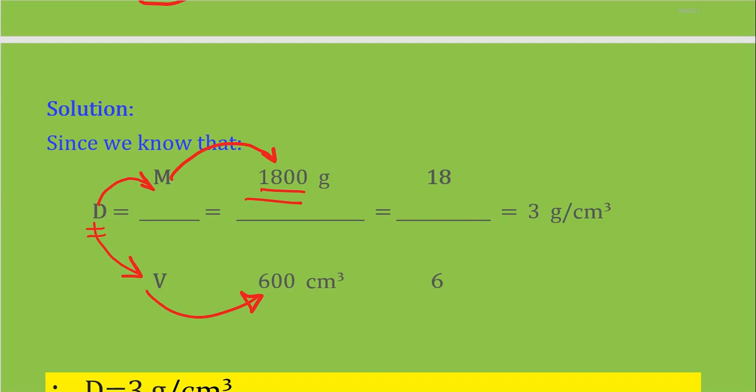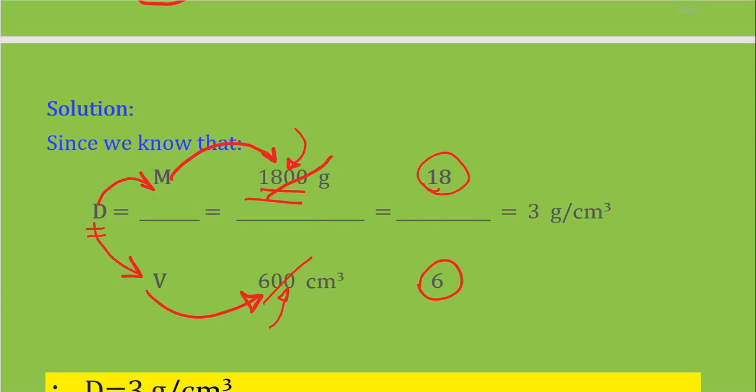We can cancel out these 2 zeros. If you have 2 zeros in the numerator, you have 2 zeros in the denominator, you can cancel these 2 zeros. So we will get 18, and in the denominator we will get 6.